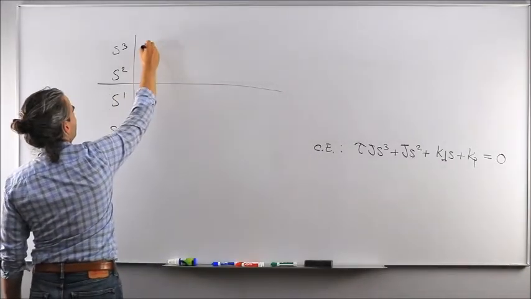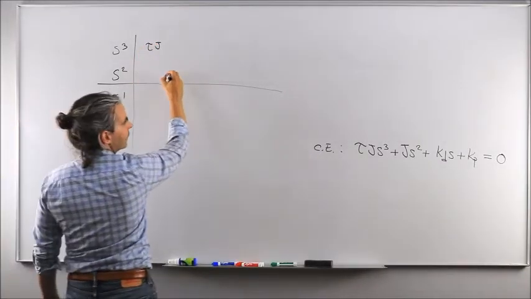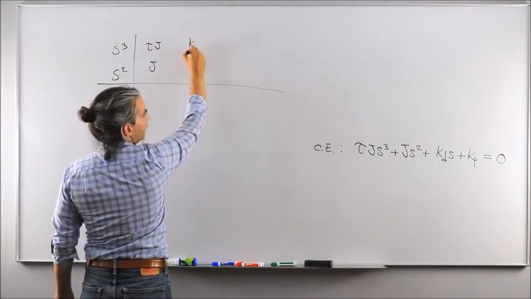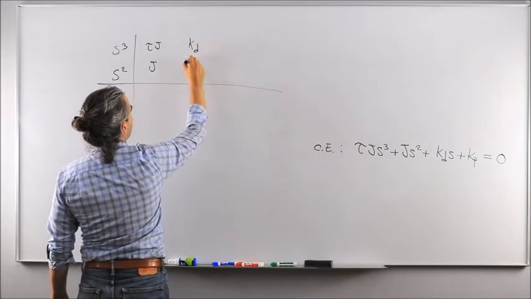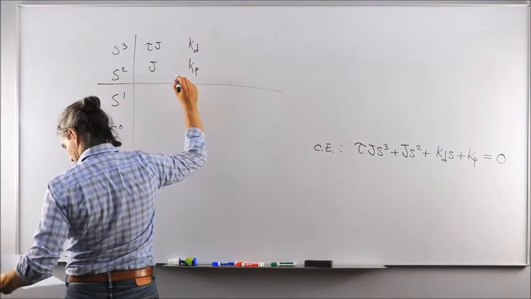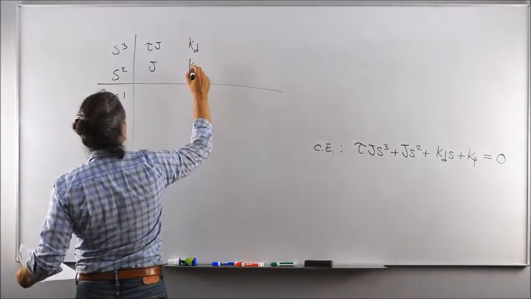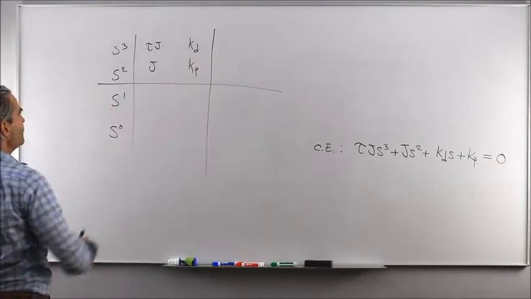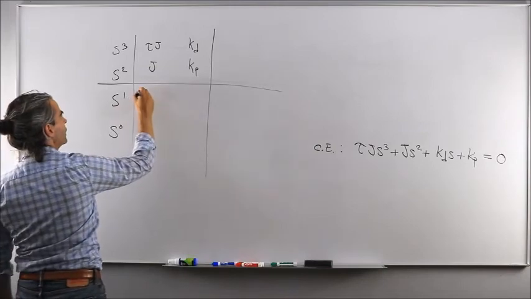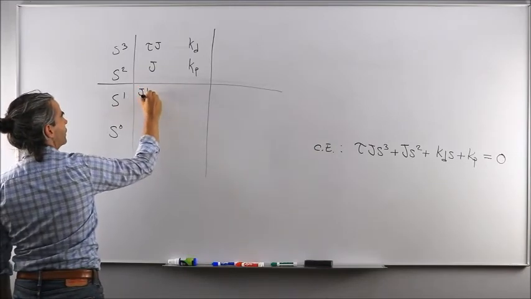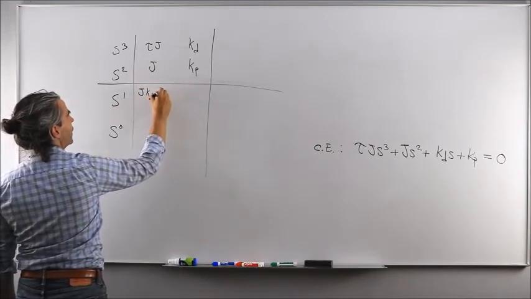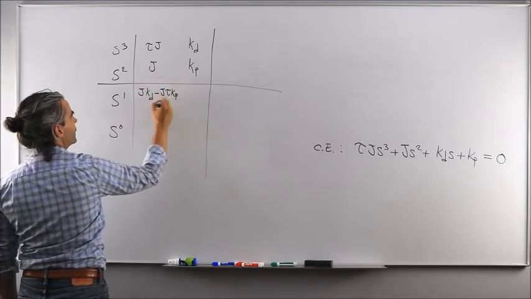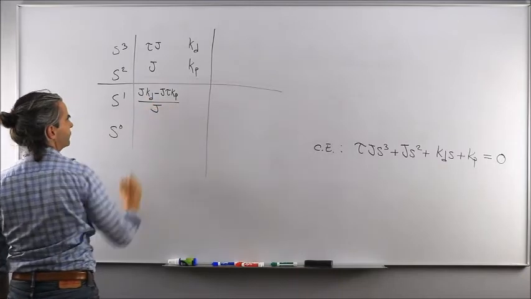So it would be tau J, Kd, Kp, and that's the end of it. Draw the line here. This entry will be J Kd minus J tau Kp over J.